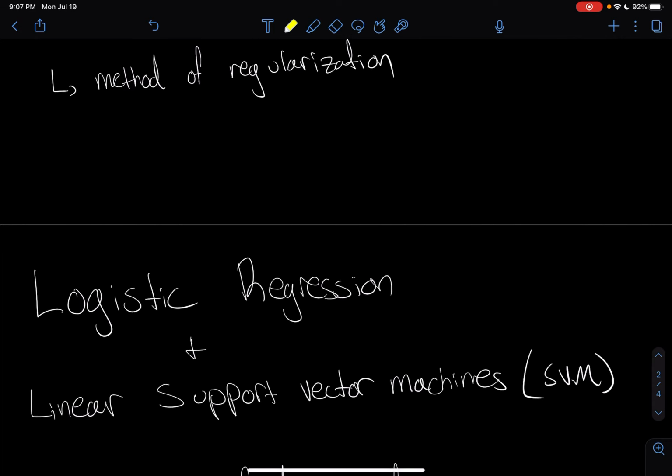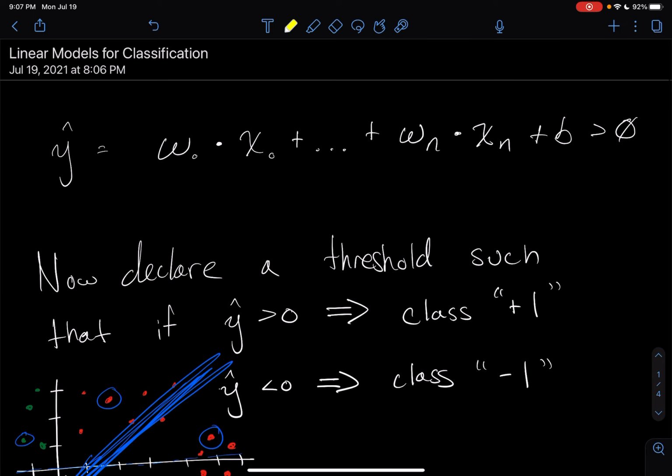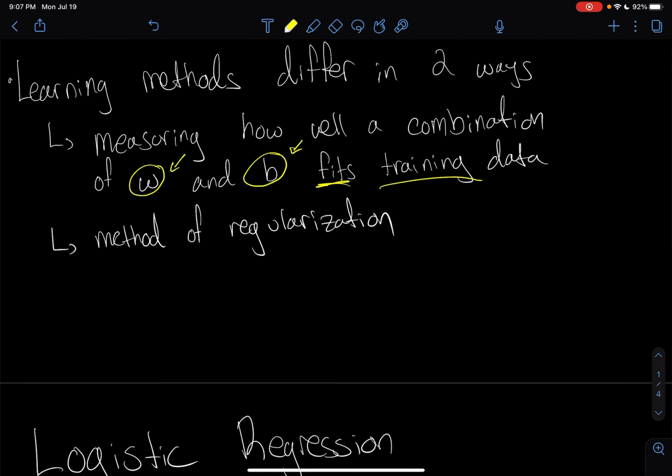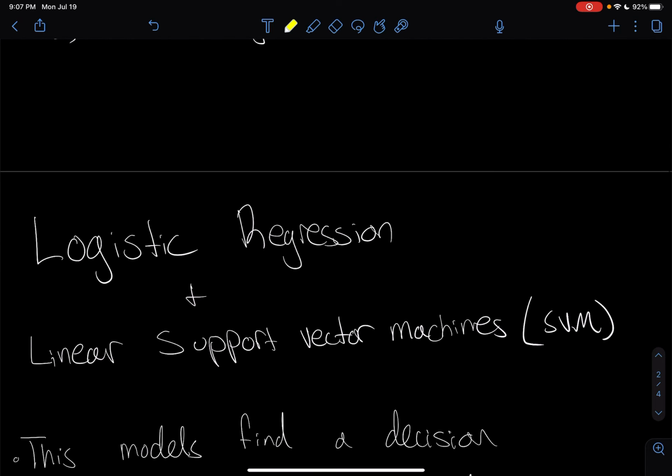Okay, so there are two popular types of linear models that can be used for classification. That is logistic regression and linear support vector machines, or SVMs. I won't talk about how these algorithms work.